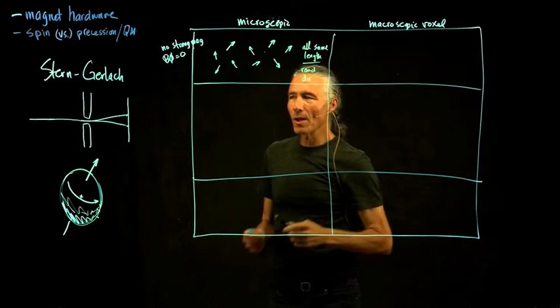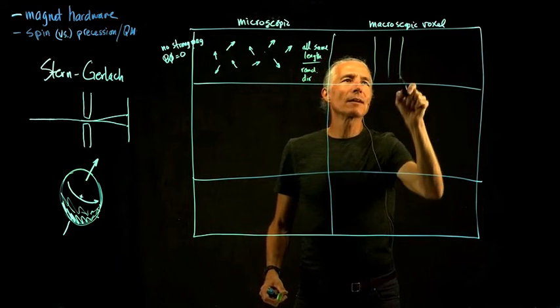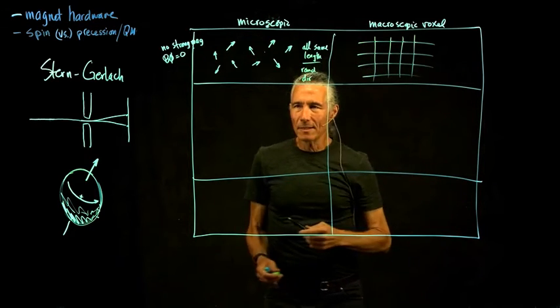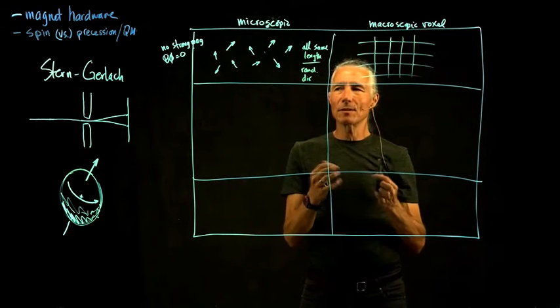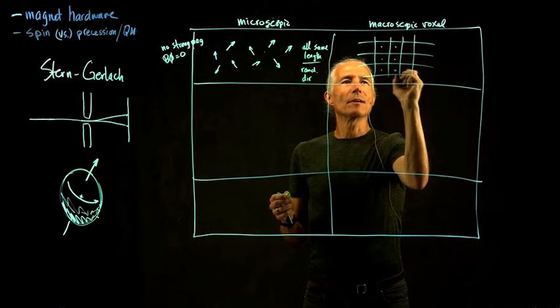So if we imagine we've got some voxels now that are like 1 millimeter voxels or something, and if we add up all those vectors, since they're randomly in all different directions, tip to tail, we just end up with 0 everywhere.